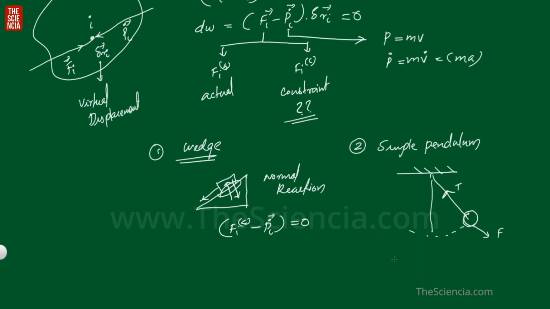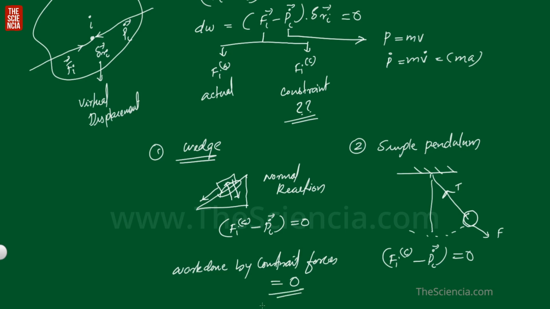So here also we can write Fi^c minus Pi dot vector equal to 0. In most of the cases these constraint forces will cancel out, and the work done by constraint forces will be equal to 0. So the work done by constraint force is automatically 0. So we don't want to consider this term, that is the Fi^c term.